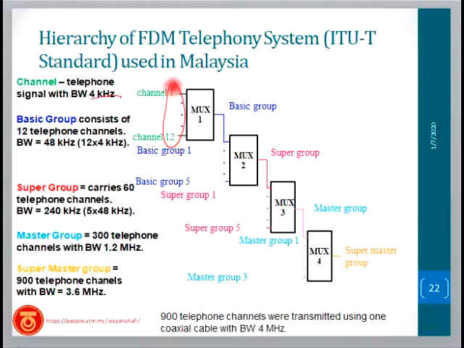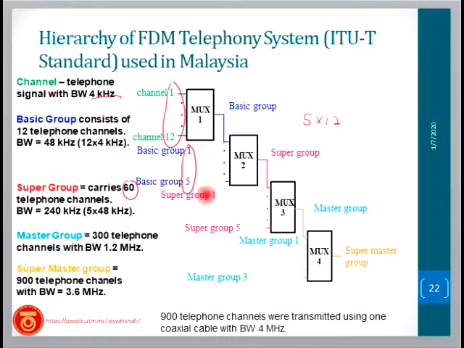For the super group, we have 5 basic groups, so 5 times 12 we have 60 telephone channels in the super group, and the bandwidth is 240 kHz.